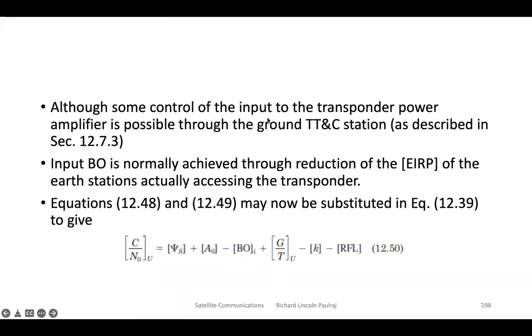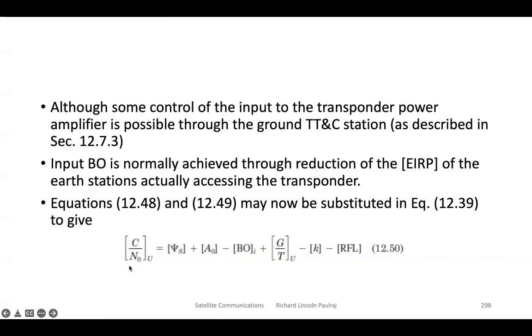Although some control of input to the transponder power amplifier is possible through ground TTNC, input back off is normally achieved through reduction of EIRP of earth stations accessing the transponder. So I'm going to reduce the input levels, and the input back off is going to come into consideration.